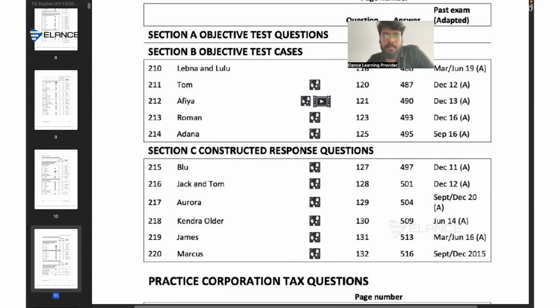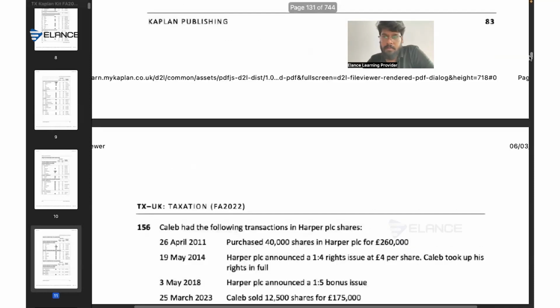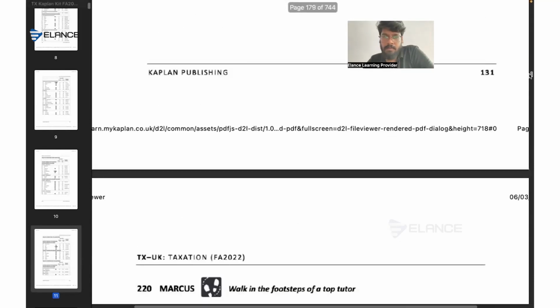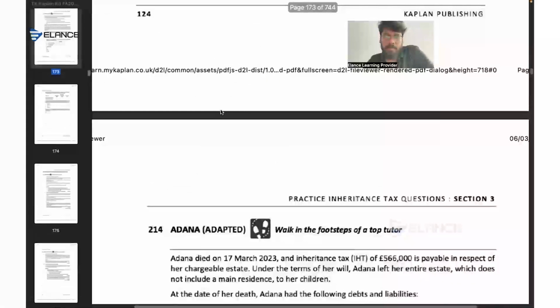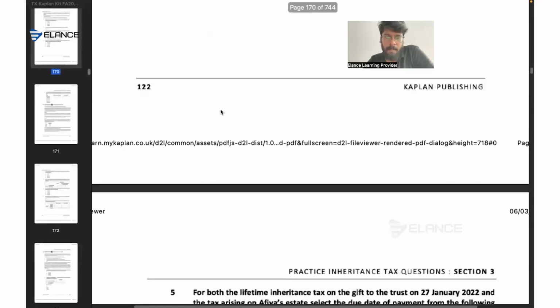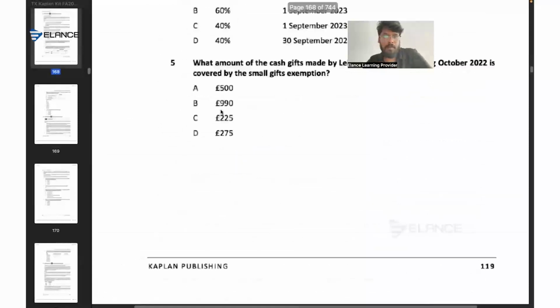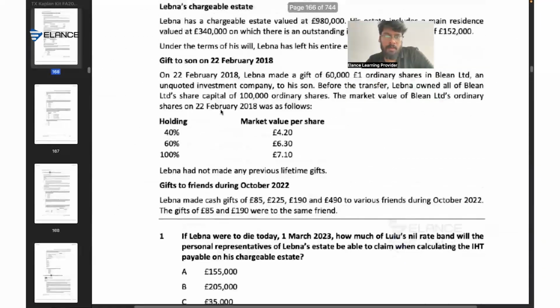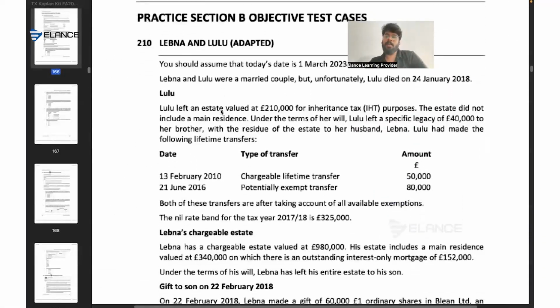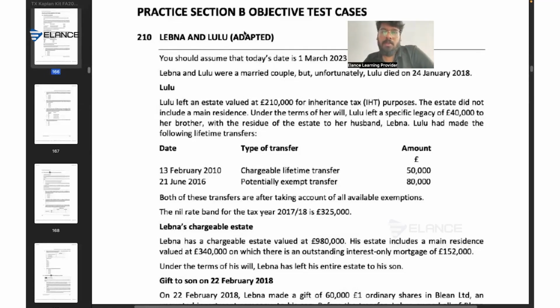Okay, so guys, while you are attending the section B questions in the exam, time management is very important.